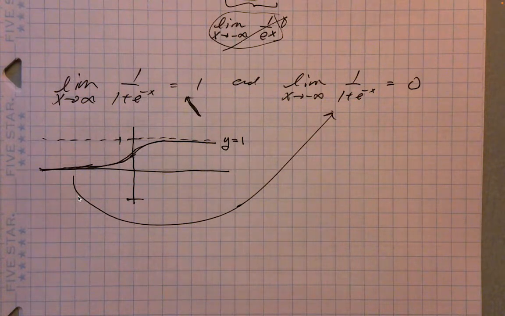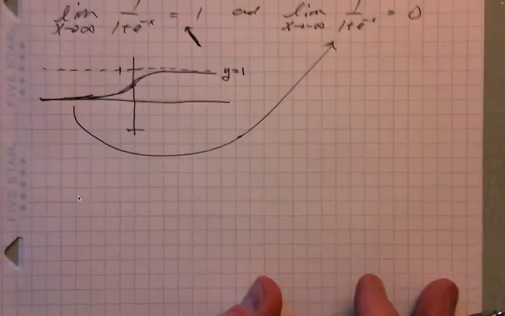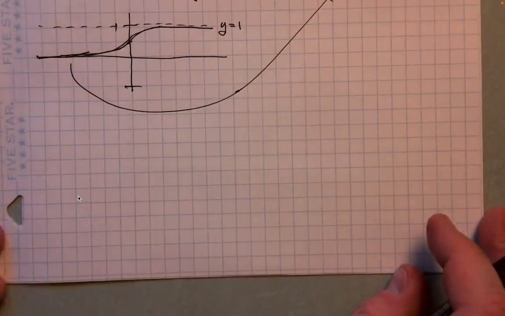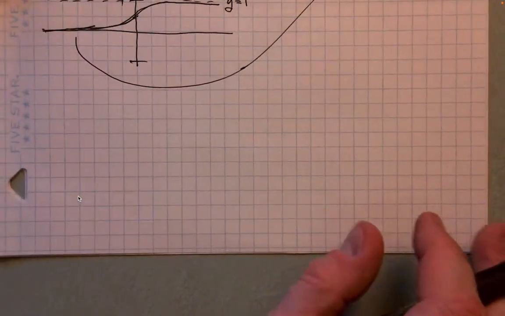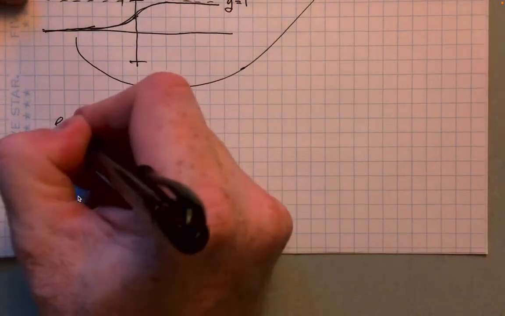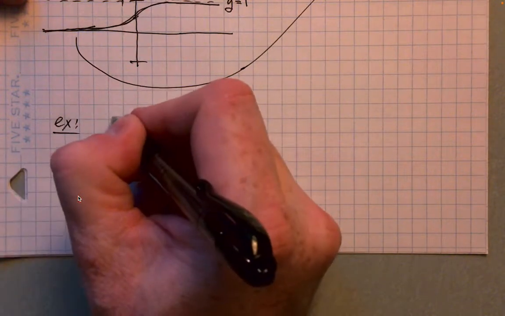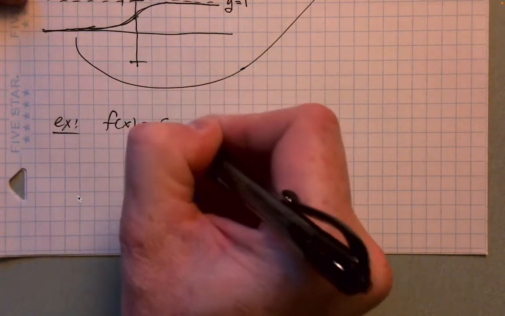All right. Okay, now let's talk about an example of a function that doesn't have any horizontal asymptote. So let's look at f of x equals sine of x.